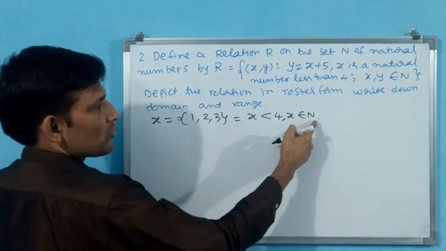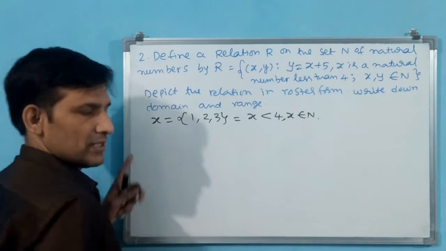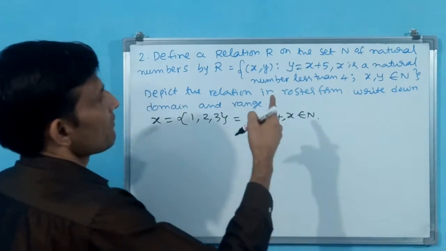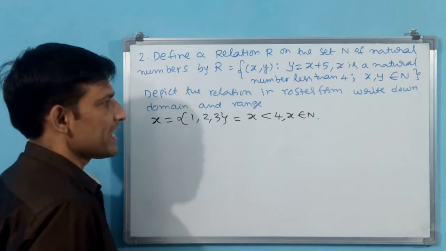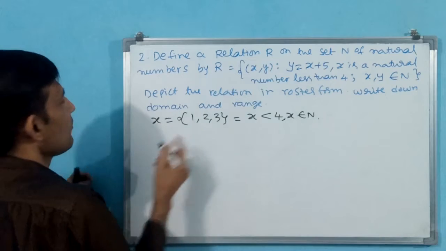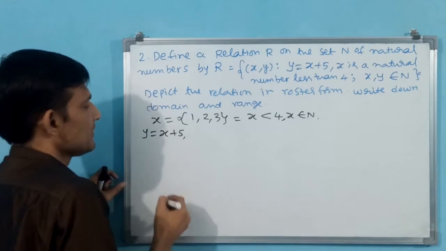X belongs to N, x is less than 4, then x is equal to 1, 2, 3. This we have written. Y has to be derived. Y directly you cannot write. Y formula is there: y is equal to x plus 5 they have given.